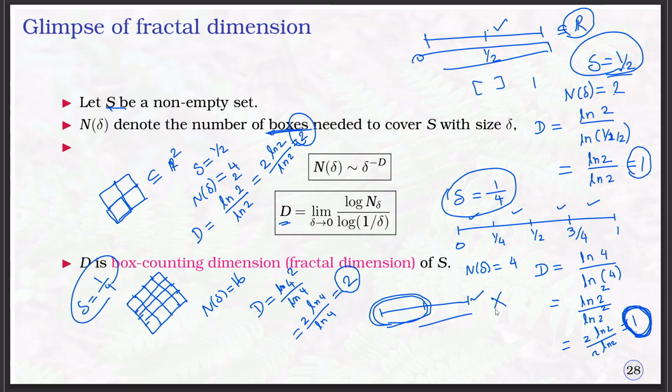In a similar way, we can estimate the fractal dimension of any object in R power 2. If your object is a regular object like a square, circle, etc., and you find the box counting dimension, it will be the integer which is equal to the dimension of the embedded space.